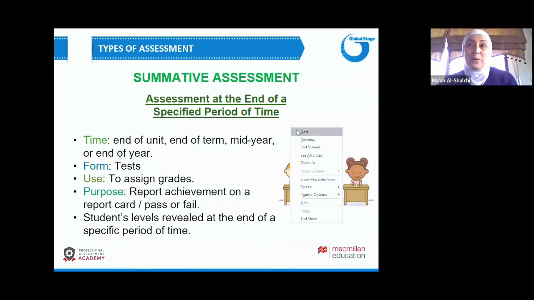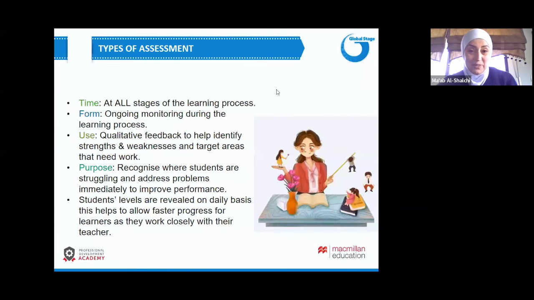Thank you. And so the other kind of assessment is the formative assessment. It's the assessment that takes place at all stages of the learning process. The form is ongoing monitoring during the learning process, and it's qualitative feedback to help identify strengths and weaknesses and target areas that need work.